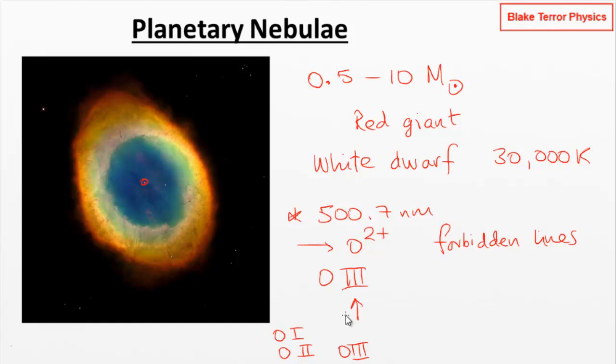And when people are observing planetary nebulae, if you try and look at the Ring Nebula, the one in the picture here, even through a backyard telescope, you might be able to see it, but it won't look that great.